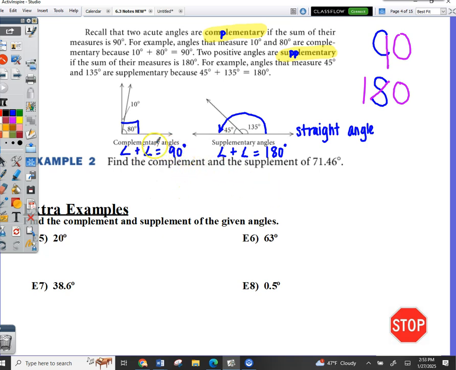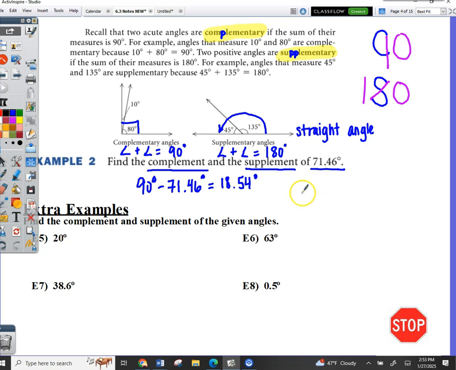All right. So the idea is a complementary angle means they add to 90. So if I say, what's the complement of an angle? You're simply finding the gap of the angle to reach 90. So it would be 90 minus 71.46. And that's our complement, which would be 18.54 degrees.